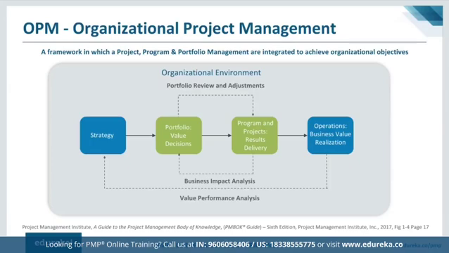Then you make the portfolio value decisions, then the business impact analysis is done, program and project results are delivered, and operations start here. The value performance analysis is carried out right from identifying the strategy, because value will start coming in only once you launch that line of business. So programs and projects are a part of this section, and then there's a portfolio here.